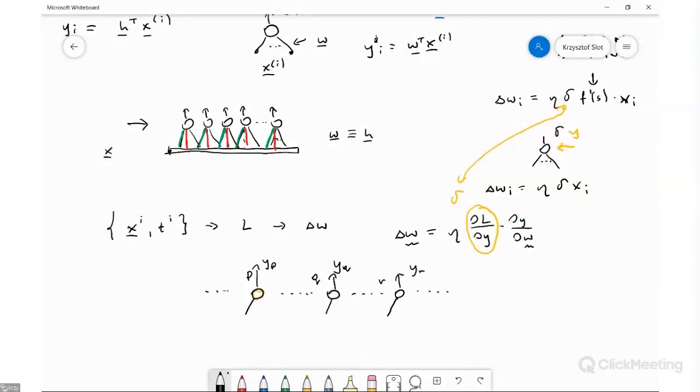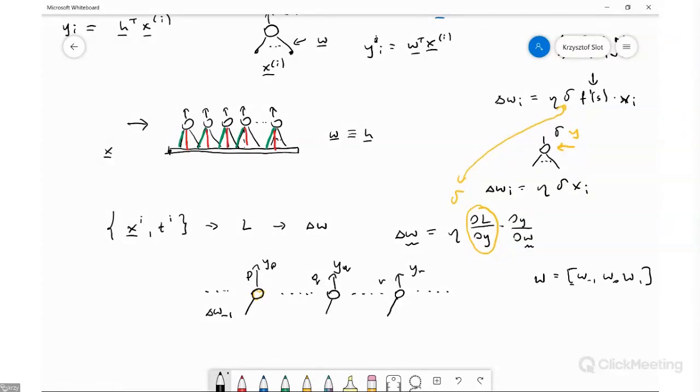And I am interested in figuring out what should be an update to a weight, let's say W-1, because let's assume my weight vector is a 3-element vector: W-1, W0, W1.